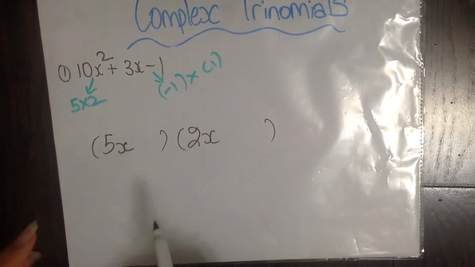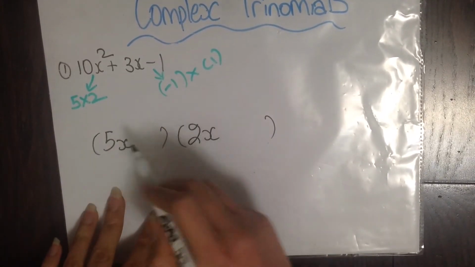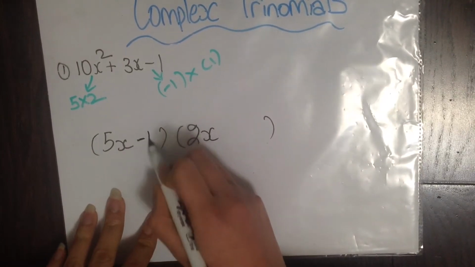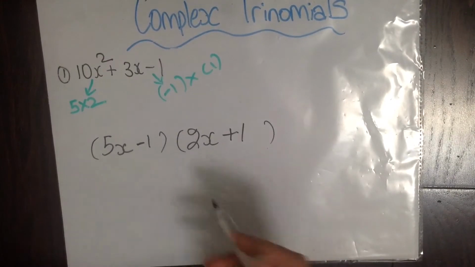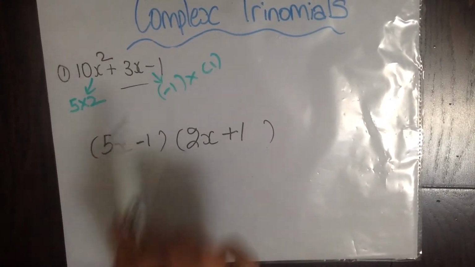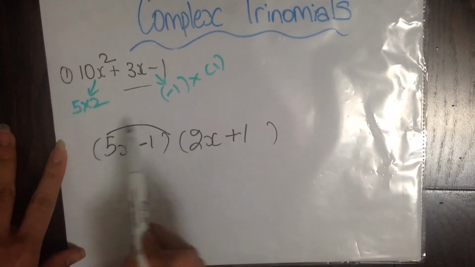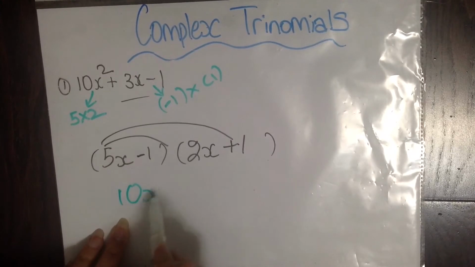Now you want to look at the factors of -1, which are a -1 and a +1. So you just want to write those in the bracket, and then once you write those, you just want to expand this to see if your middle term is 3. So when you expand this, when you multiply 5 by 2, you will be getting a 10x squared.